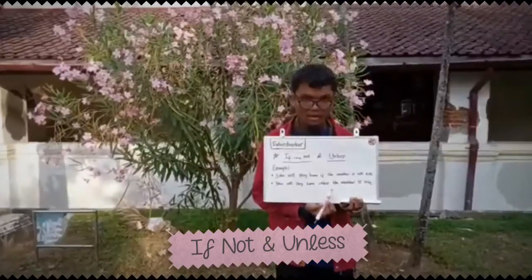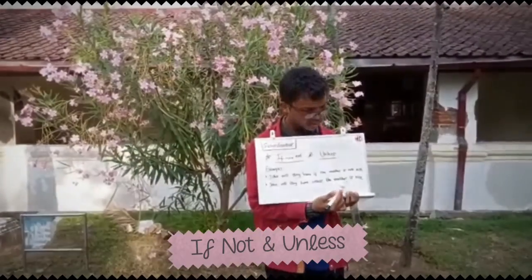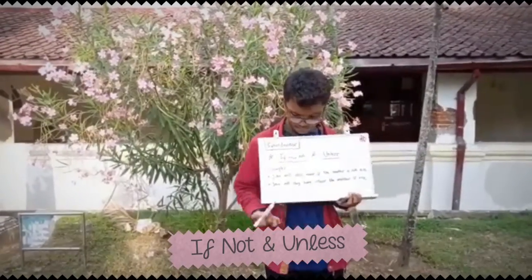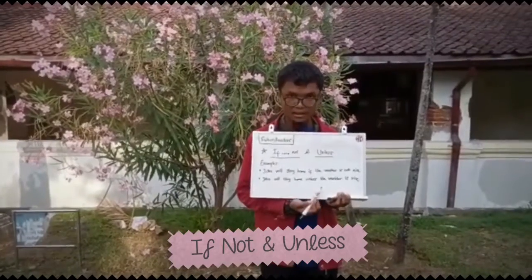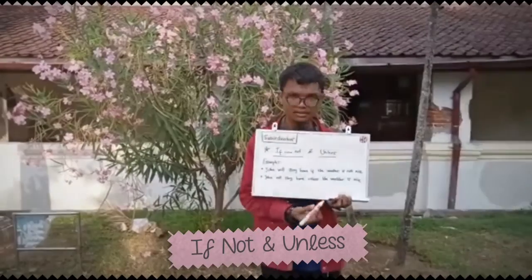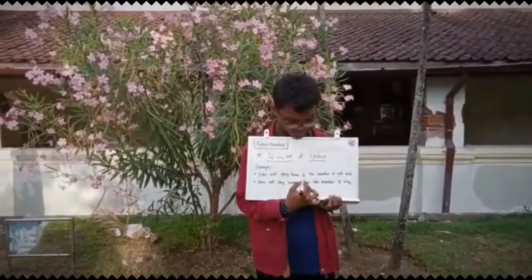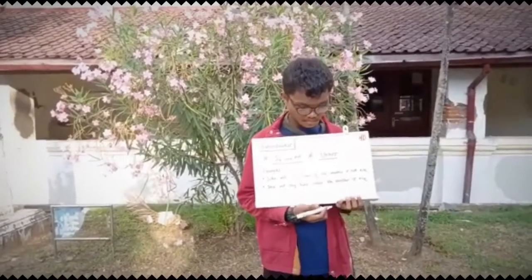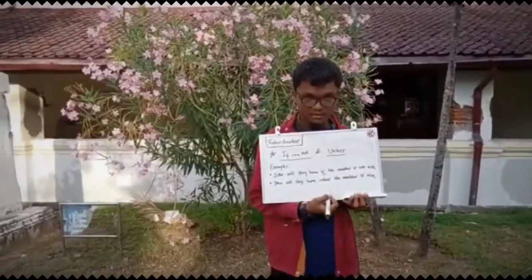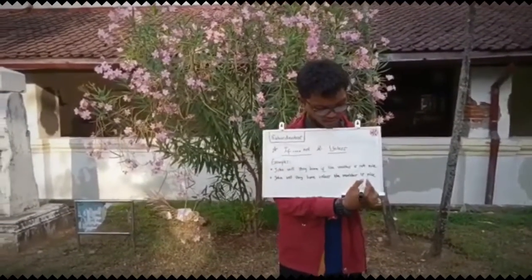Joan will stay home if the weather is not nice. Joan will stay home unless the weather is nice. Notice the difference between them: with unless, you don't have to put not.